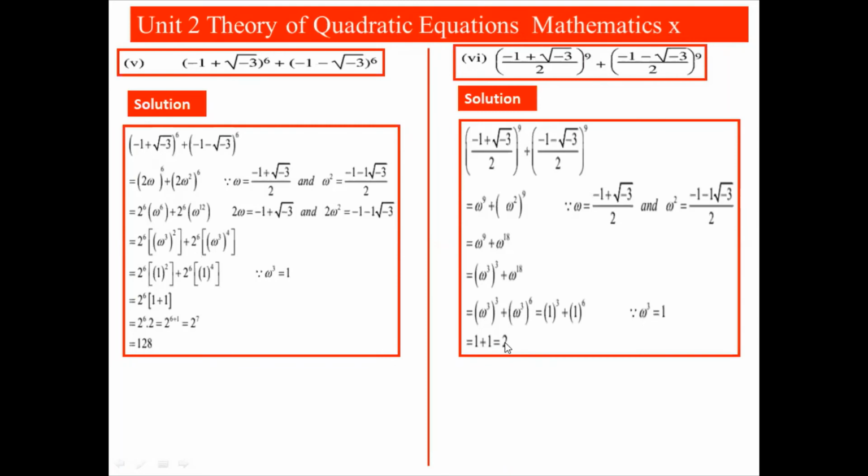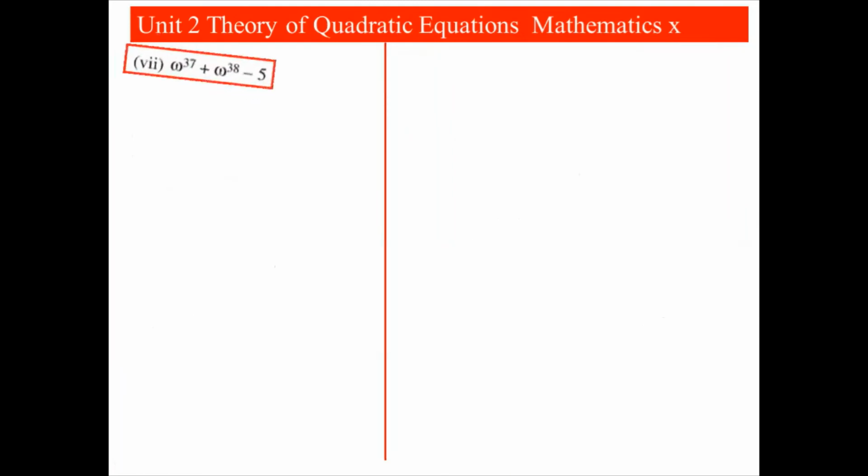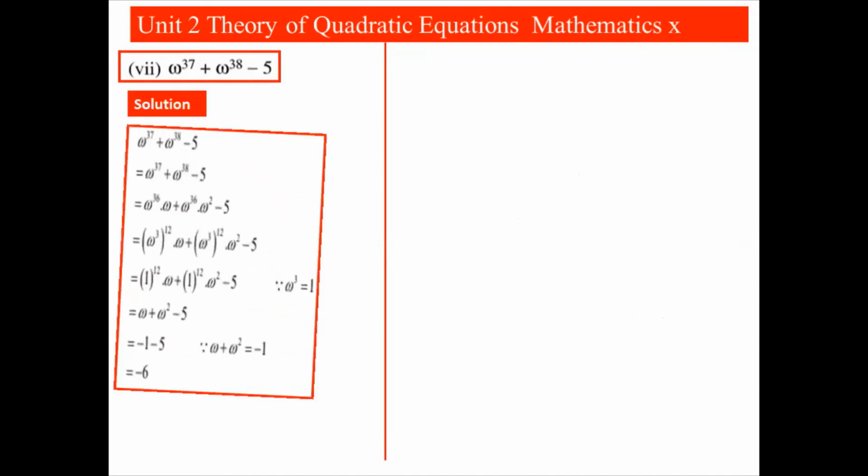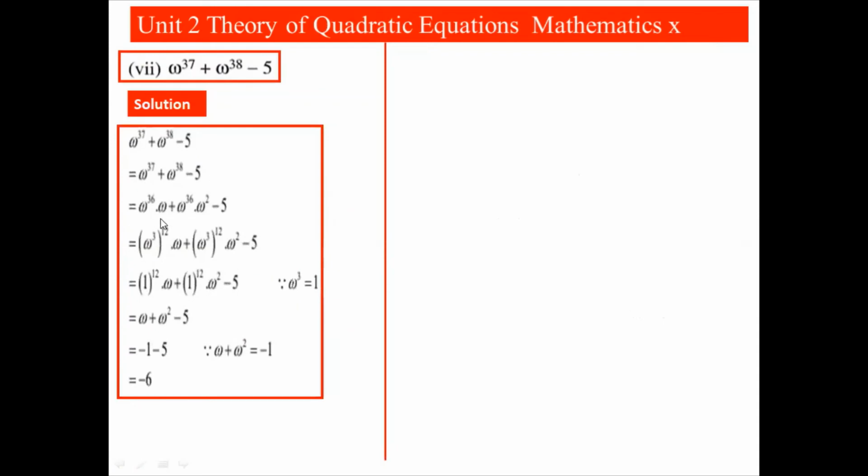So this is the required answer. Part 7: omega raised to power 37 plus omega raised to power 38 minus 5. We can write omega raised to power 37 as omega times omega raised to power 36, and omega raised to power 38 as omega 36 times omega square.